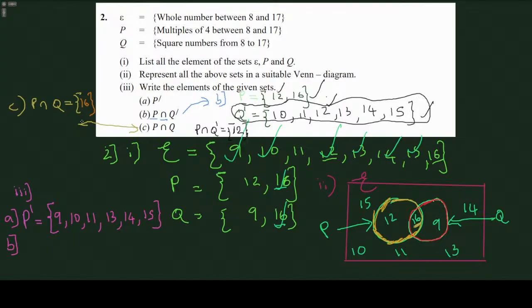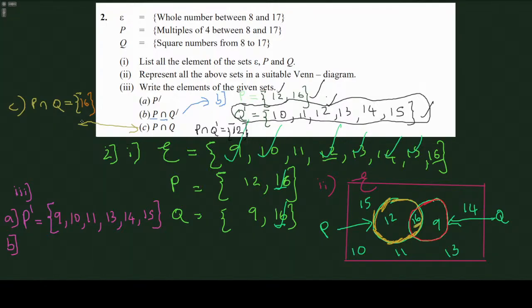But remember, this is just a coincidence. Both question B and C were intersection questions, and in both of those cases we got sets with one element as the answer. But that is not a general case, okay?